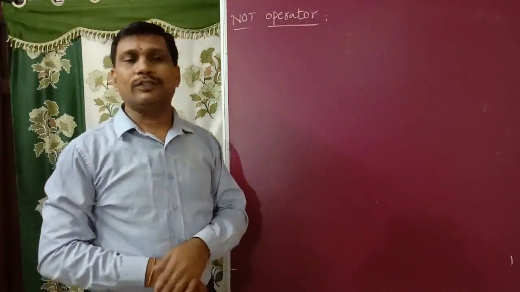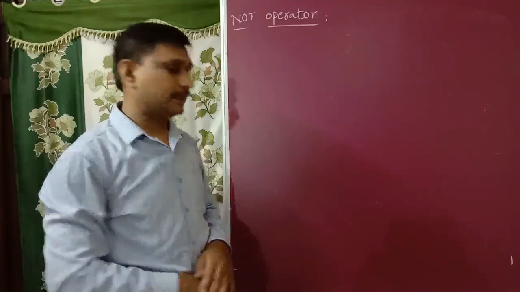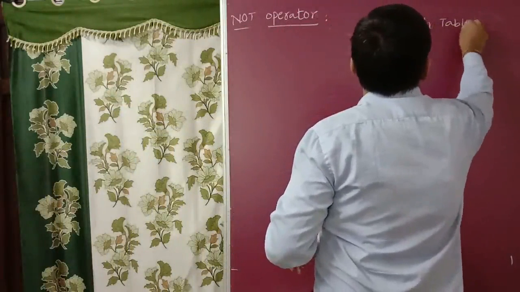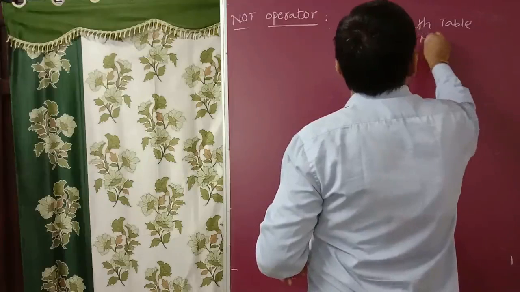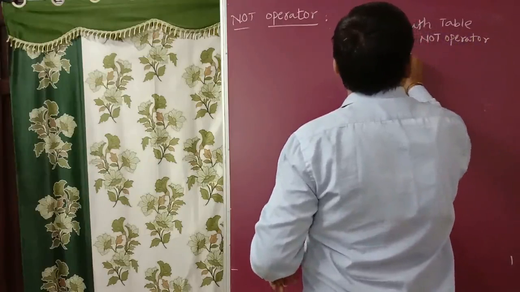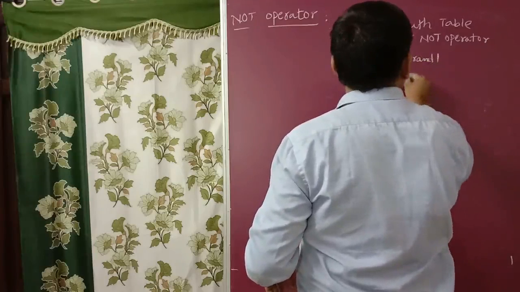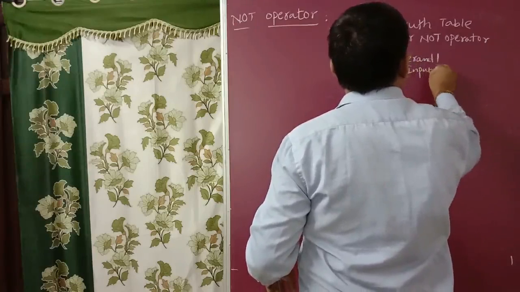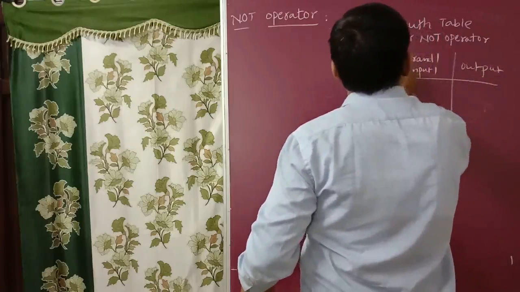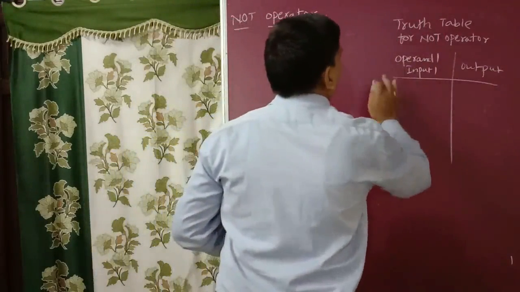So the truth table of this NOT operator in logical operators: I am taking operand 1, or input 1, and this one is the final output.